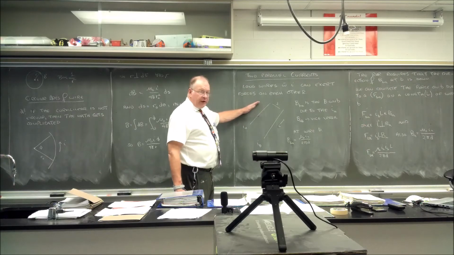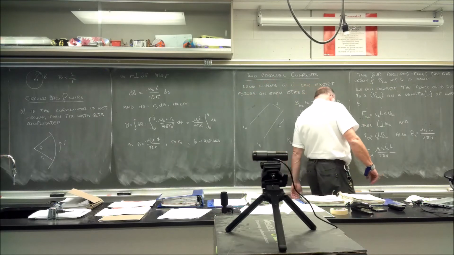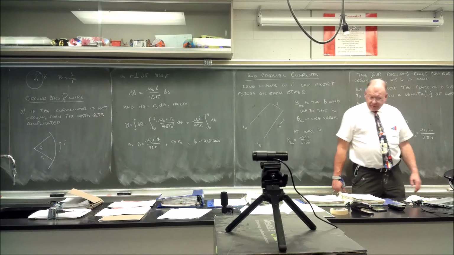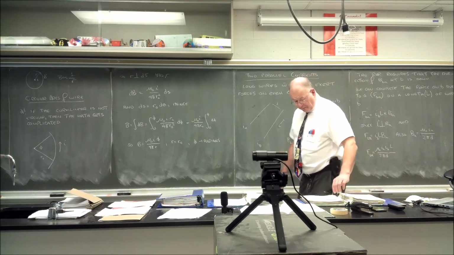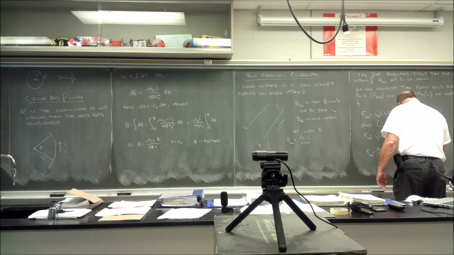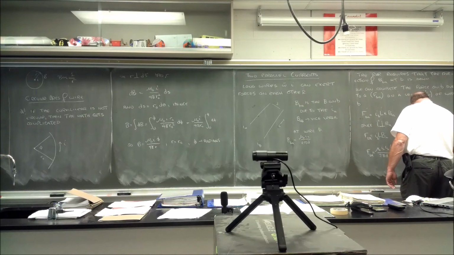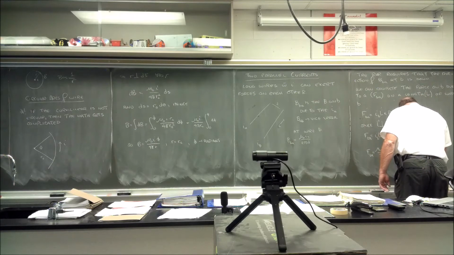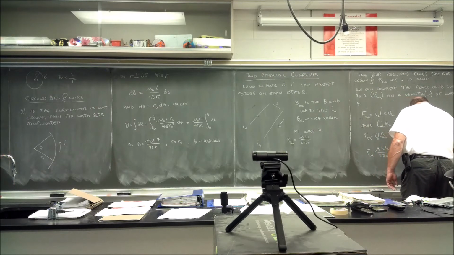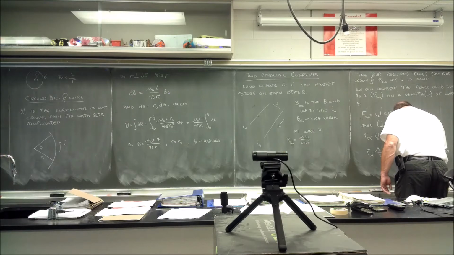And the other wire will enjoy a similar force the other way. So this leads us to the conclusion that parallel currents attract. So FBA is toward IA. So parallel currents attract, and anti-parallel repel.